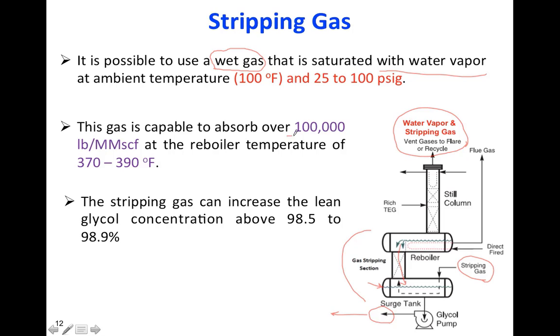A stripping gas can have a very high capacity, something like 100,000 pounds per million cubic feet of natural gas, and at the high reboiler temperature of 370 to 390 Fahrenheit, the stripping gas can really increase the concentration of glycol to something like 98.5 to 98.9 percent.